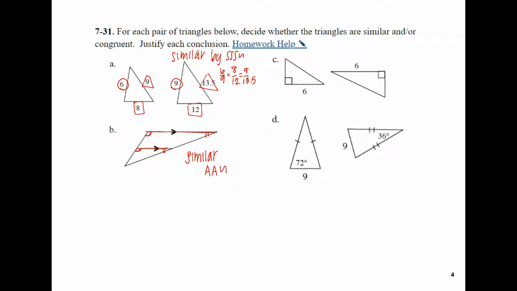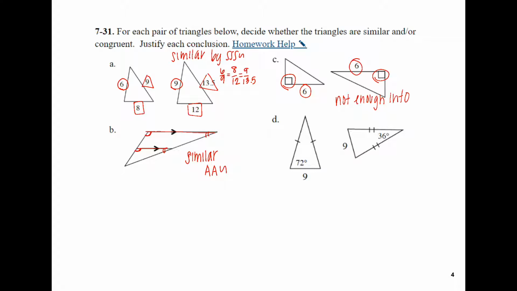When we look at letter C, we notice that they both have a right angle, and the bases are both 6 units. We do not have enough information to state that the triangles are congruent or similar, so we will just say not enough info.